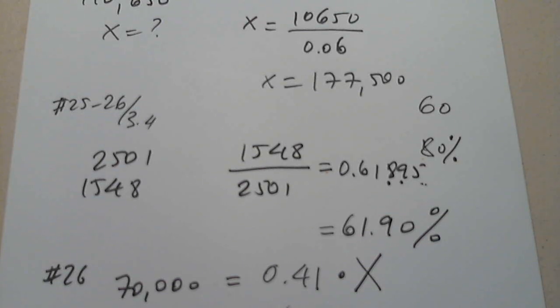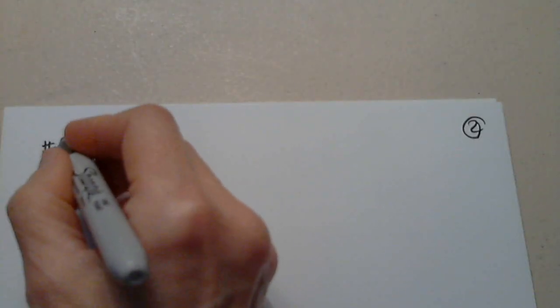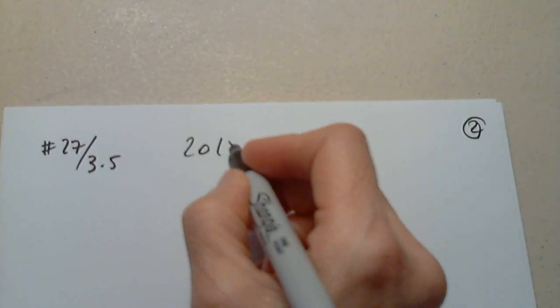Write an algebraic equation for the following problem and then solve it. Let's work on this problem. The population of a country in 2015 was estimated to be 321.8 million people. So here's how I take notes on a problem like this. This is problem 27 in 3.5, and this is in 2015.